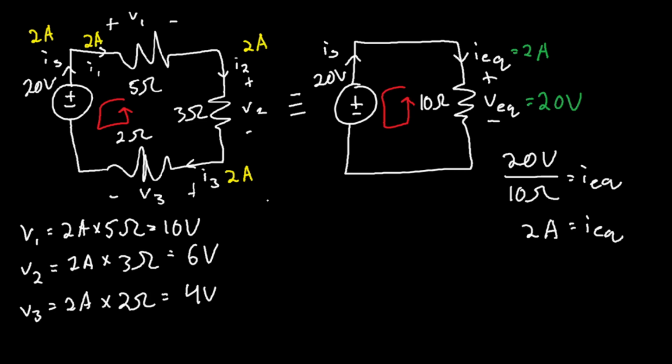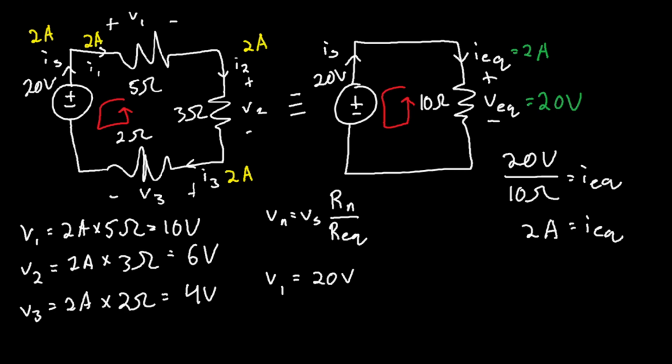But we can also use voltage division. So voltage division is Vn equals Vs times Rn over Req. Let's go ahead and write down Vn. So Vn is our unknown, but we want to solve for V1 in this case. So Vs is 20 volts.